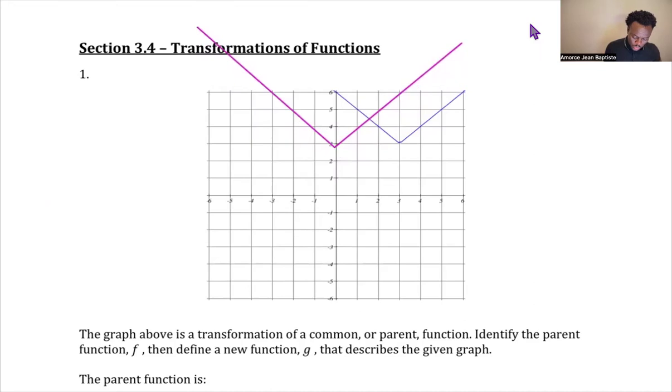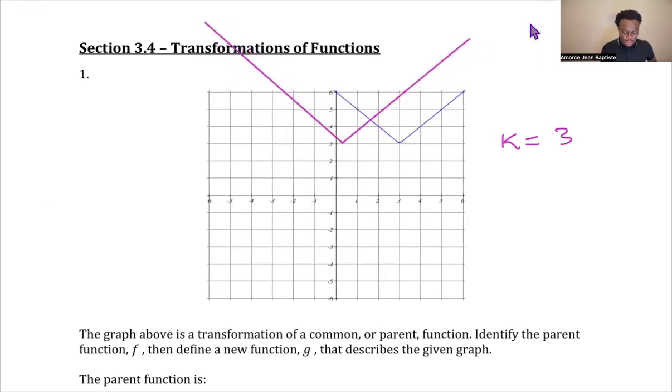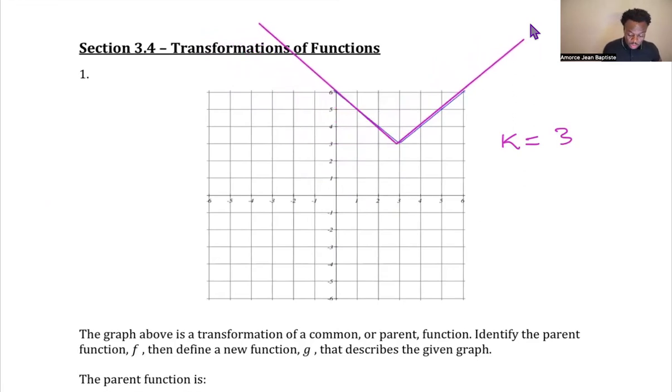So we have k equals 3 with a plus. And then they moved it to the right 1, 2, 3. So that's h, right? Because that's h equals 3 with a plus.